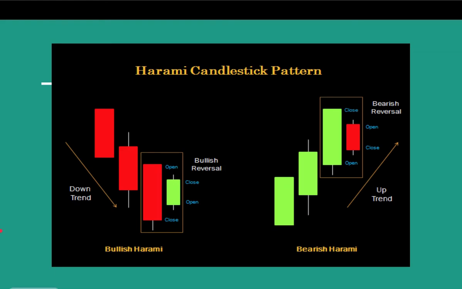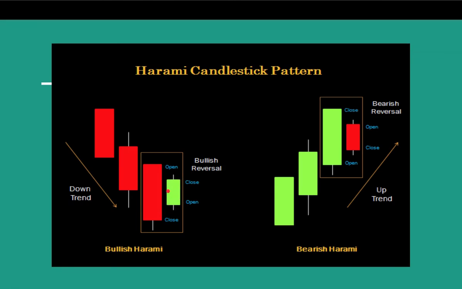On the other hand, when a bullish Harami, this is on the left, appears in a decline or a downtrend, the selling pressure demonstrated by the first long real body in the pattern is apparent, as you can see here. Then the second tiny real body forms.